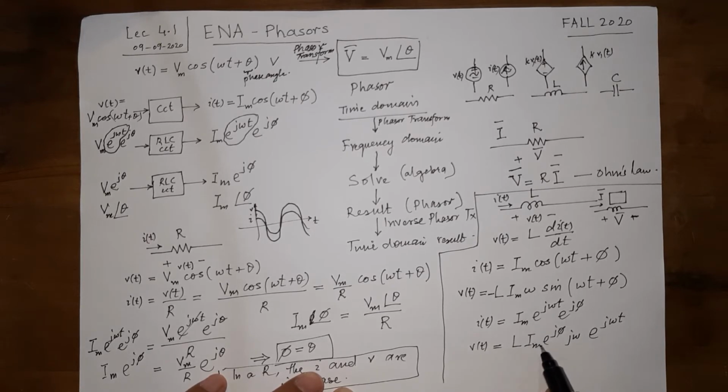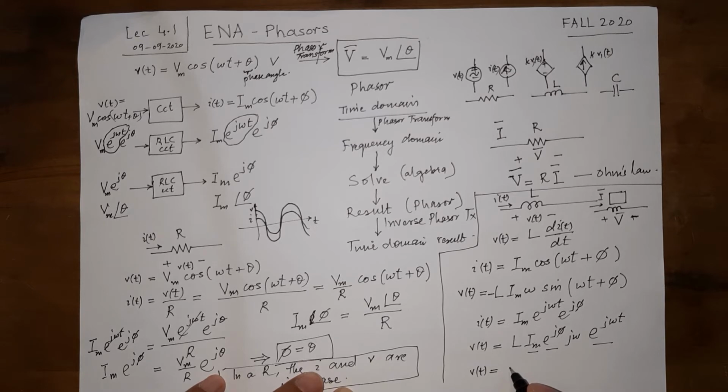Now identify the part here that belongs to the current. So what do we get? Vt is equal to, okay, so let us not call this It, although there is t in here, but it is a complex source. Leave it as is, but we know this is a complex source.